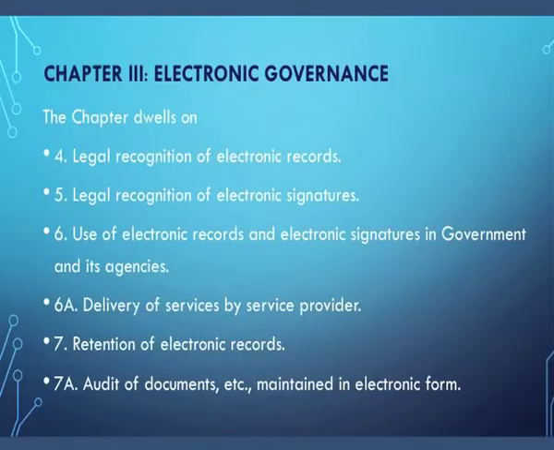Chapter 3 deals with electronic governance. This chapter dwells on the legal recognition of electronic records, Section 4, as well as digital signatures, Section 5. Use of electronic records and digital signatures in the government and its agencies, Section 6. Retention of electronic records, Section 7.